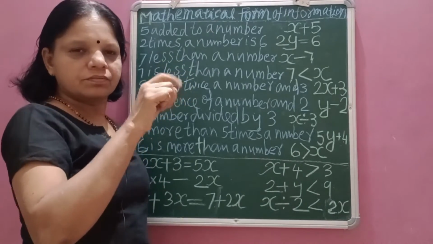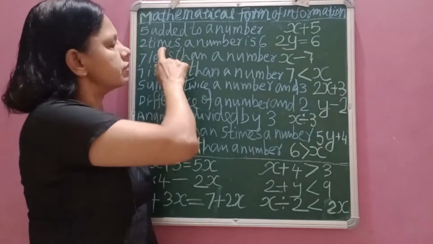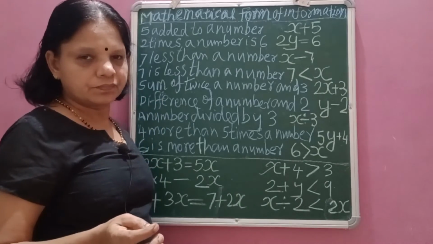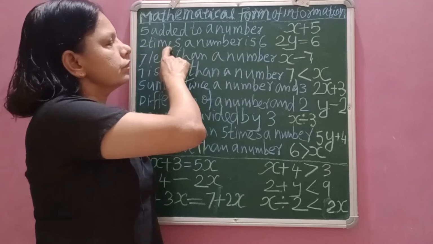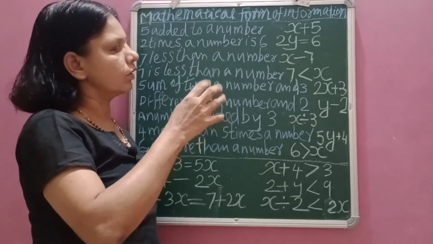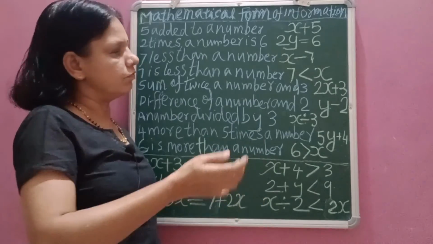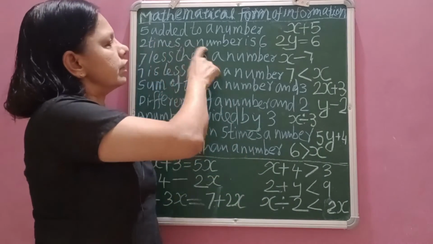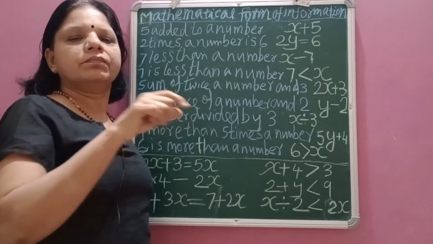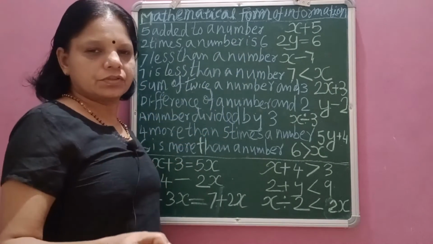Next one. 2 times a number is 6. 2 times, the number 2. Times means what? I told you it represents multiplication. So 2 into a number X or Y, any alphabet. So 2 into X is, then it becomes an equation.